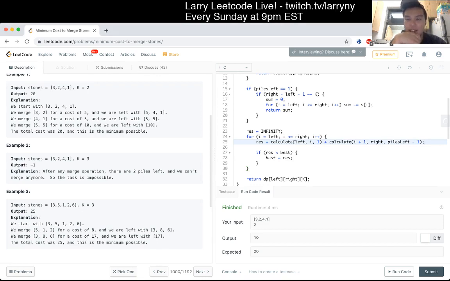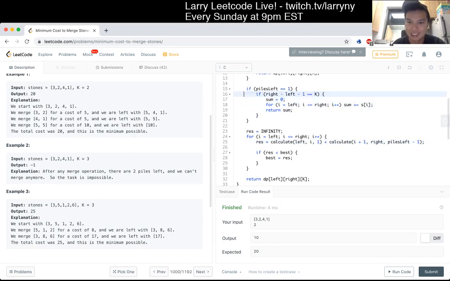Well, they're not two piles. Given k, these are just the ways to kind of break it down, or like the subproblems of those. Sorry if I'm just mumbling to myself. I'm still trying to figure out myself.